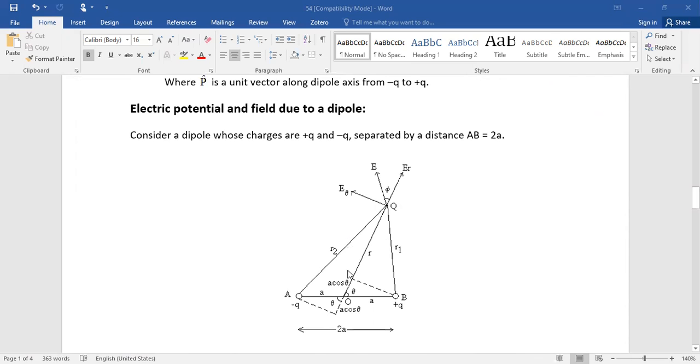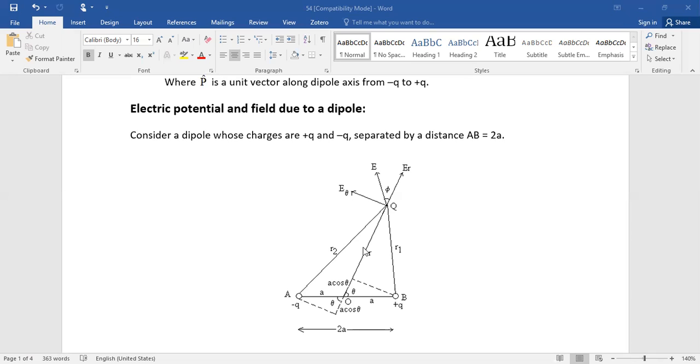You imagine a perpendicular line to the dipole axis through the center. That line is called the equatorial line. Now, let us consider the external point on this equatorial line.